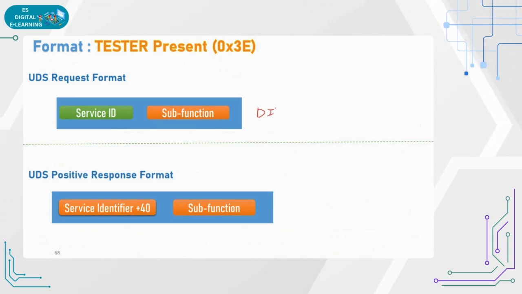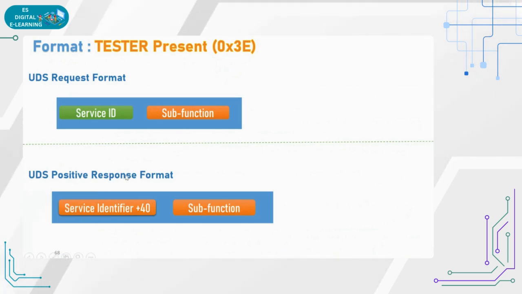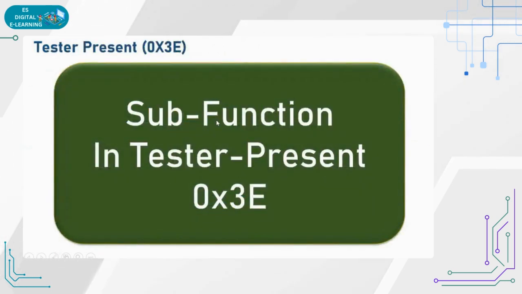If you give a DID, it is an invalid format and you will get an NRC. The response comes from the ECU. The ECU will say whether you are sending correct or wrong data. Invalid or wrong data is handled by the ECU, and it won't accept it. So what sub functions does TesterPresent have?